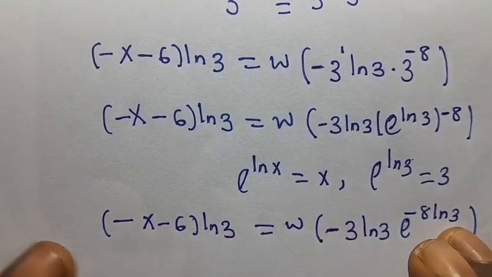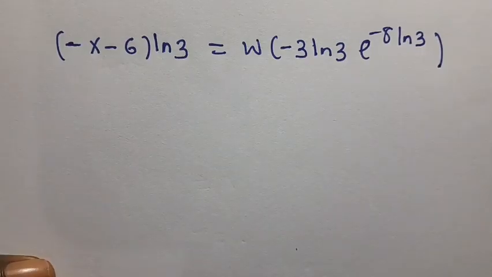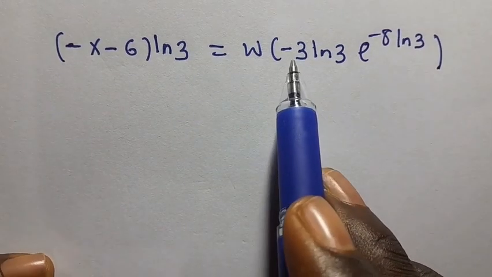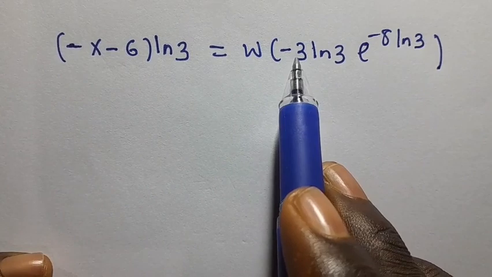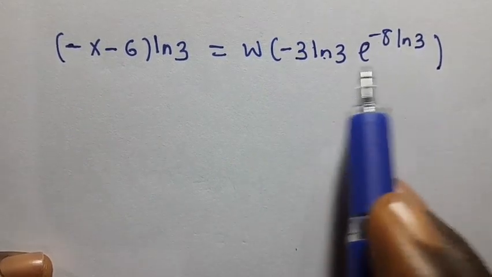Now from here we have minus 3 ln 3, we have minus 8 ln 3, so they are not the same.